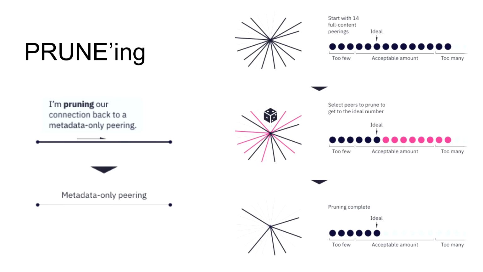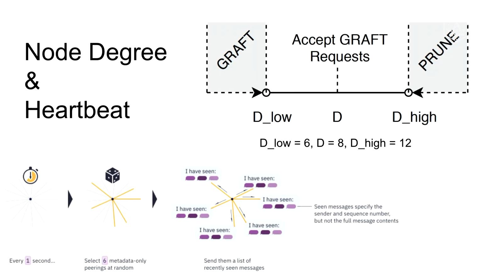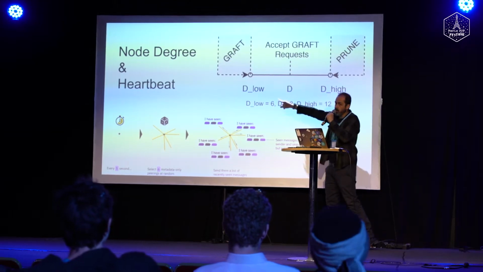Then it's the opposite, pruning. If you end up being connected to more than D equal 5 nodes, you need to prune down some of them, right? So that you don't always go and increase the number. So you try to keep between these, and then there are two thresholds I forgot to mention: D high and D low.